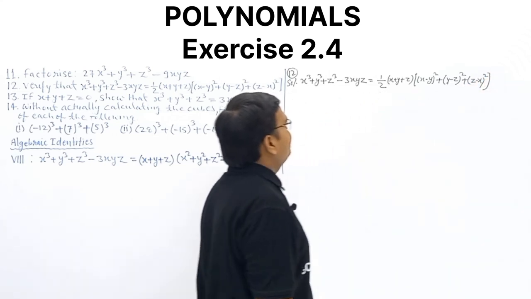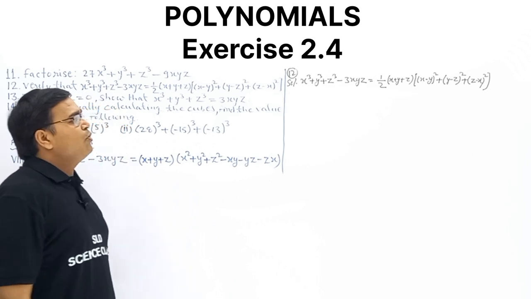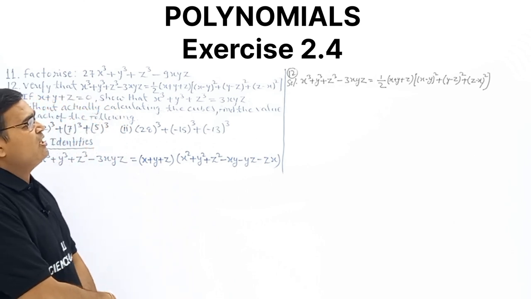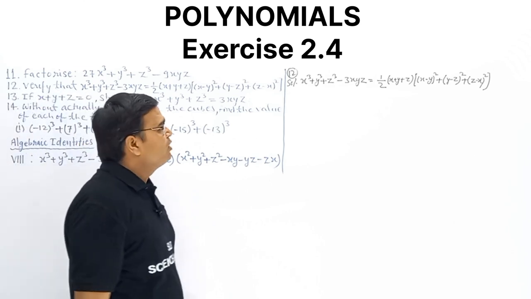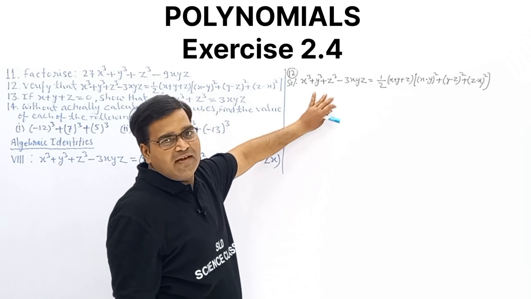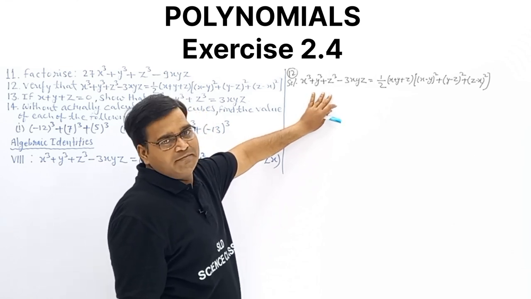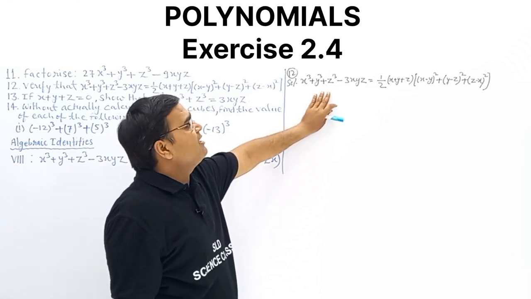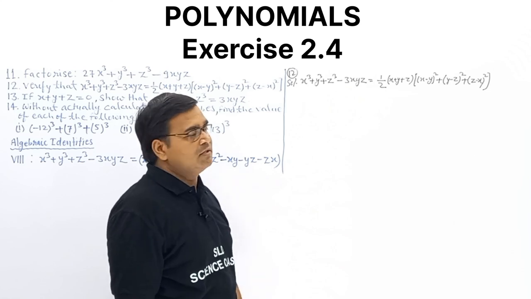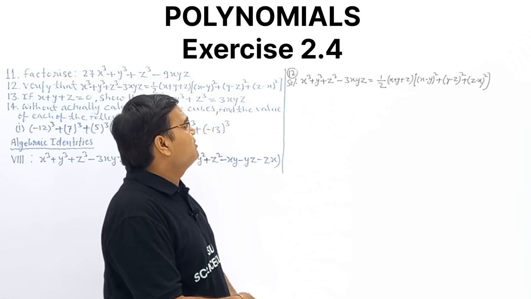We want to verify this. Clear? So this is the equation. It has a left hand side and right hand side. Once we take the left hand side and solve it, we should get the right hand side. Clear? So how will we solve this one?